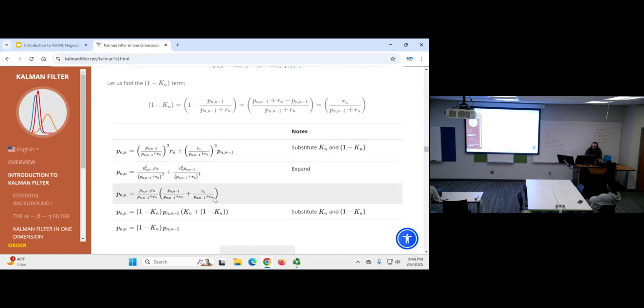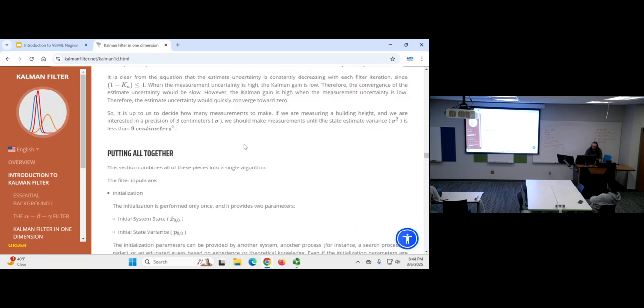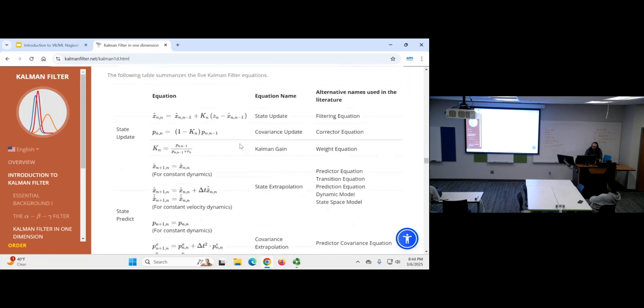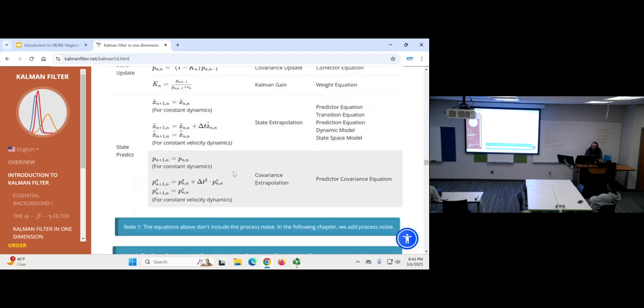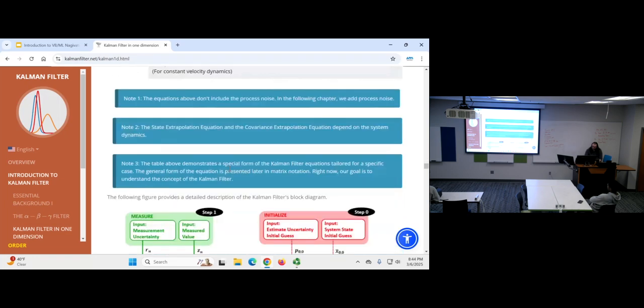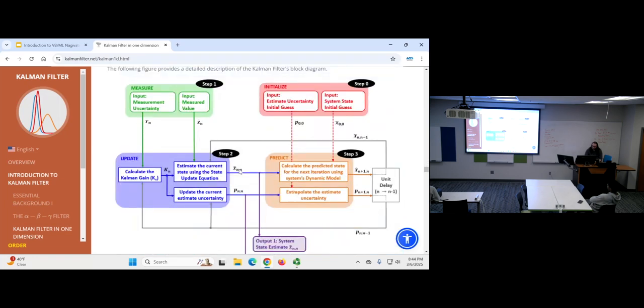He gives you different equations to do stuff there: the Kalman gain, the covariance updates, state updates, extrapolation, all that. This gives you some good starting points to make one for yourself.